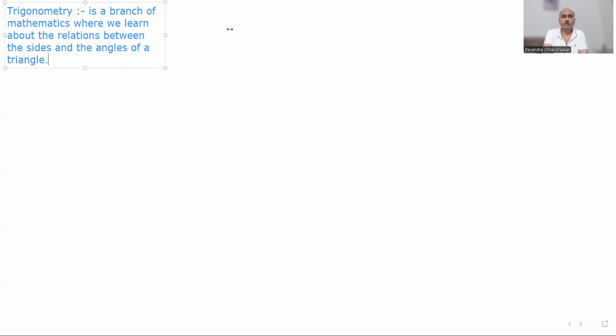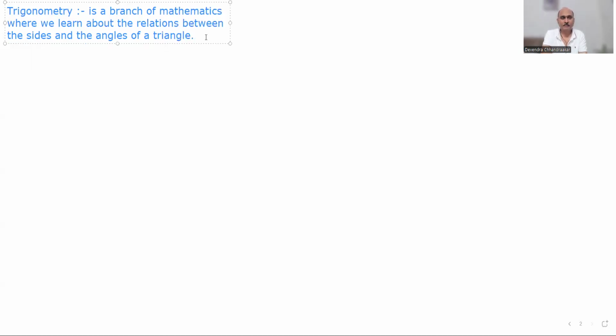okay? So the triangle which we are considering in today's session is a right angled triangle. It's a right angled triangle, okay? So let's see how a right angled triangle, all of you are aware about it though.